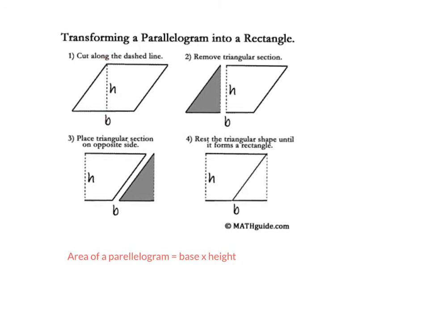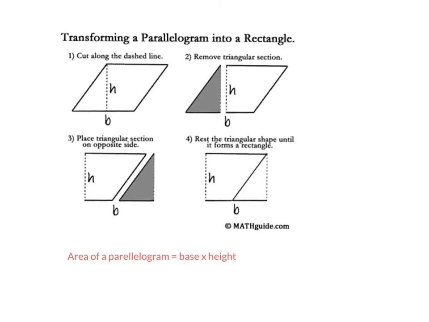If I were to cut along the dashed line over here, where the height is, I would cut this off, and then I would see that I have a triangular section. If I were to take this triangular section and turn it around, the opposite way, and then bring it onto the opposite side and join them together, I would see that the shape forms into a rectangle.